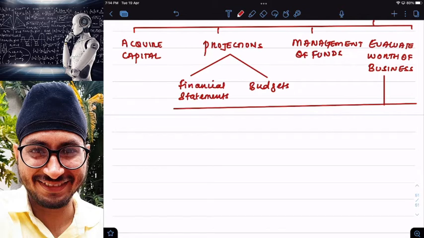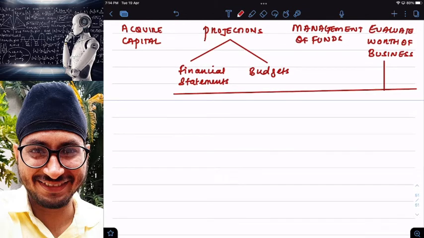Now, in evaluating the worth of business we have 3 methods. One is the book value method, the second one is the net income method, and the third one is the market share method.